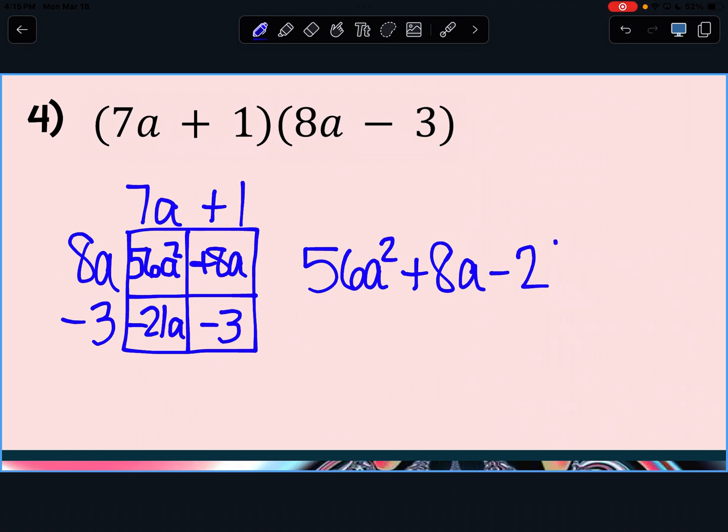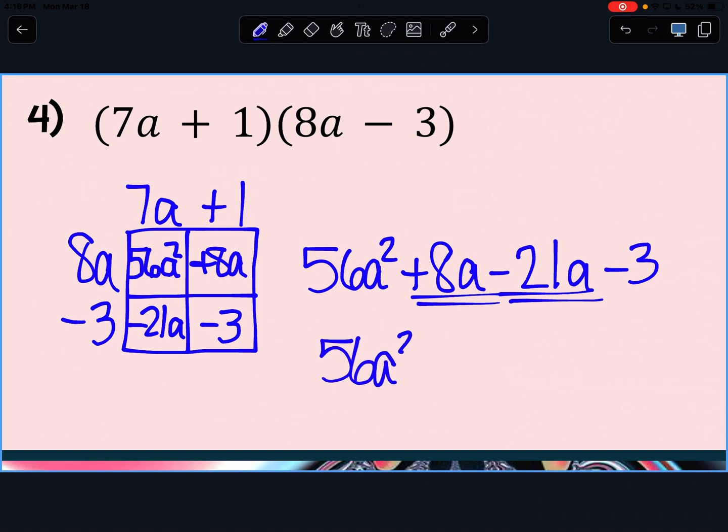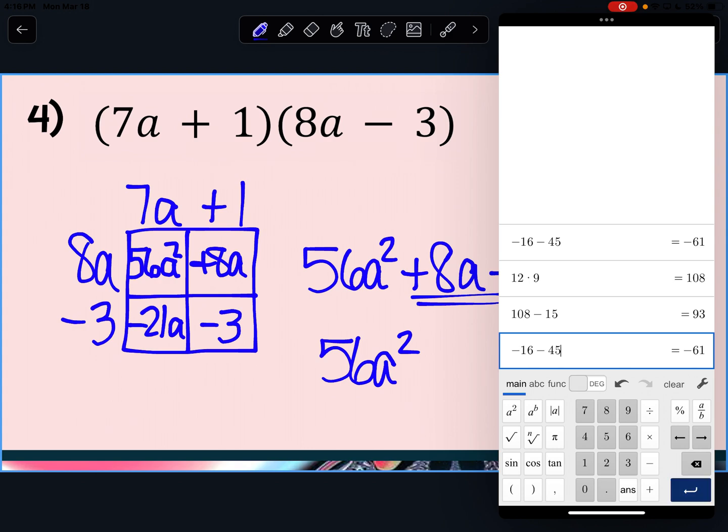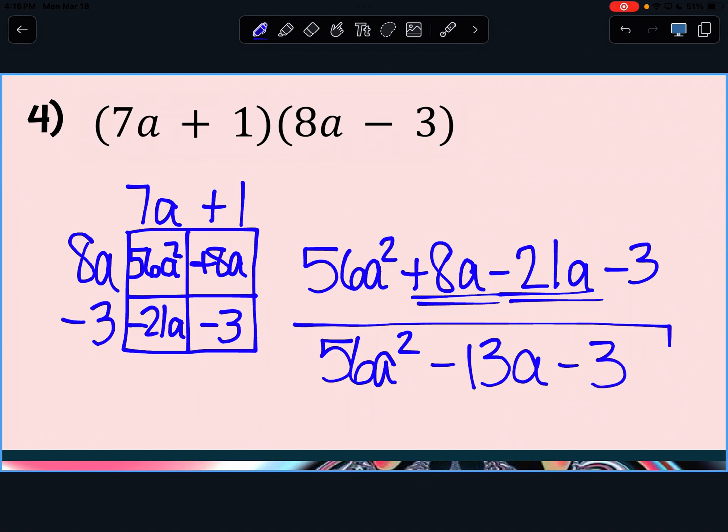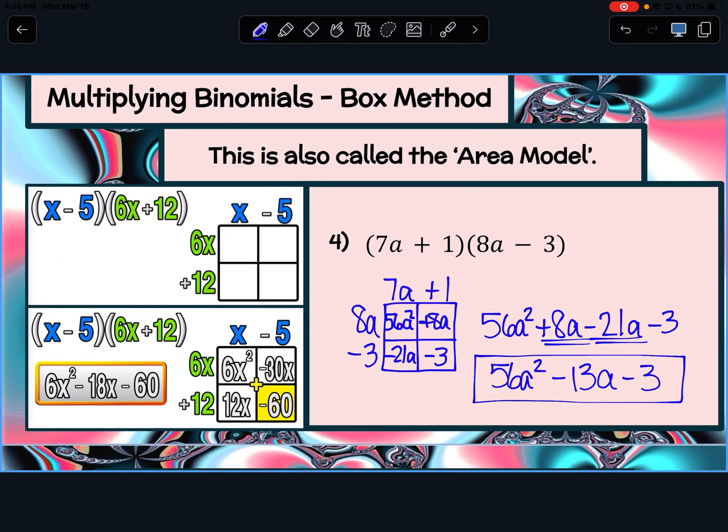This could possibly be a step that you skip. Here are your like terms. 56a squared. Oh gosh. What is that? 13? 8 minus 21, negative 13. Minus 13a minus 3. I like the box method. I'm a very visual person. But like I said, it's up to you which strategy you like the best.